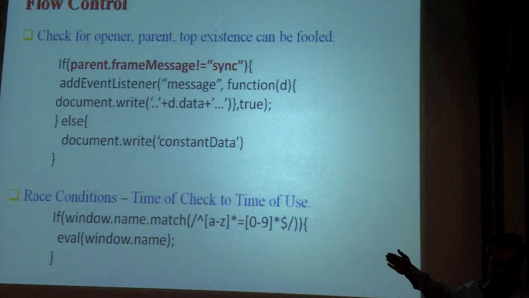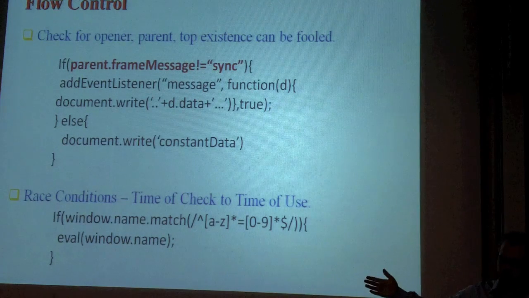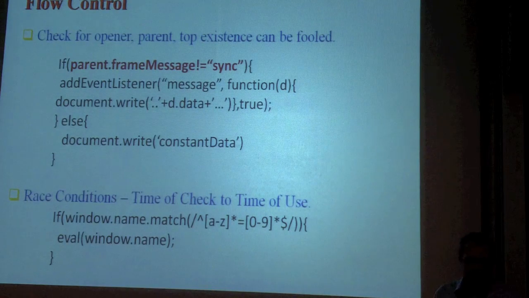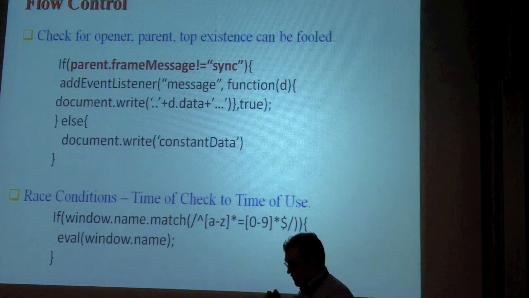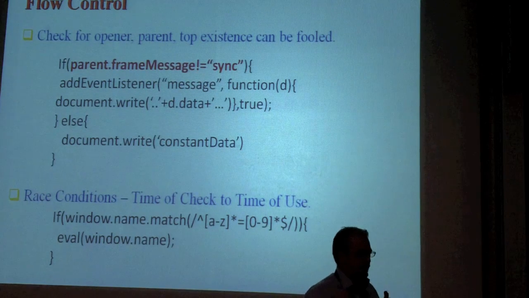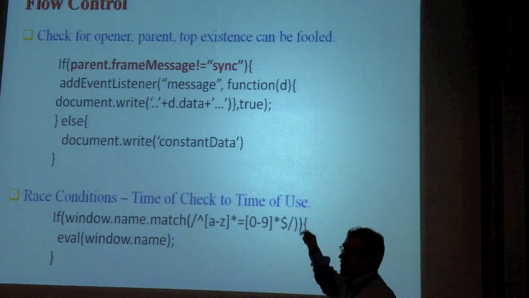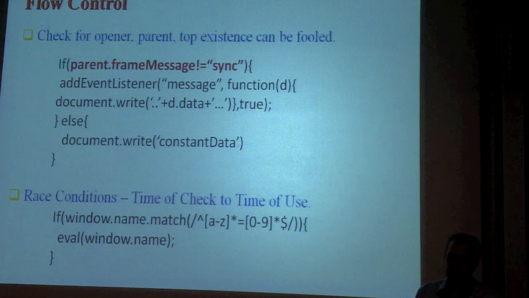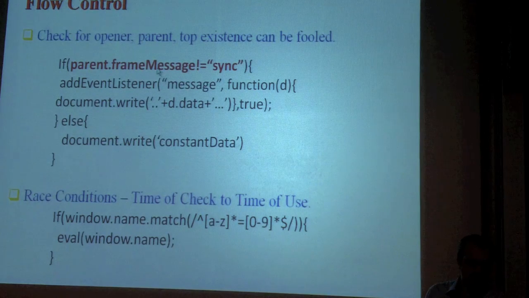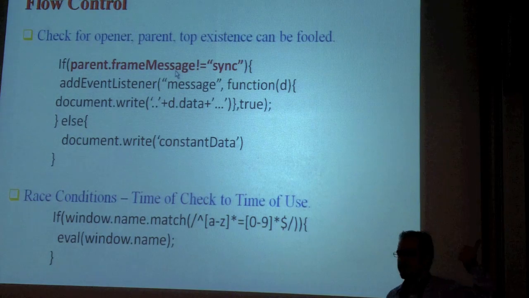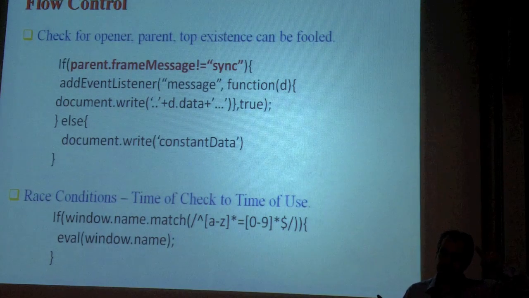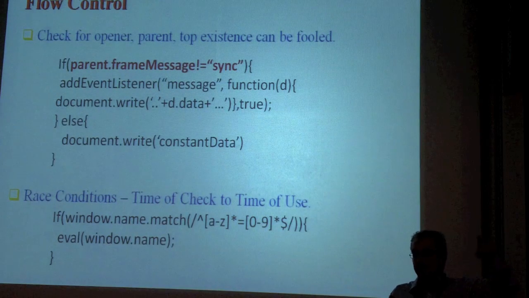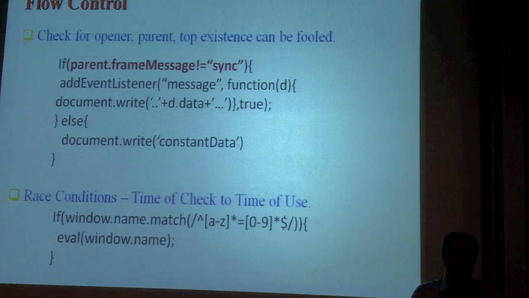The flow control check. For example, for opener object, parent object, top, and so on, checks on those elements can be for the existence or disequality of some value, and can be fooled by an attacker window, because an iframe can be named, in this case, frame message, of the parent window, which is controlled by the attacker, and the victim iframe asks for what it thinks is just an object, or a string in this case, but is actually the name of an iframe, and it's accessible.